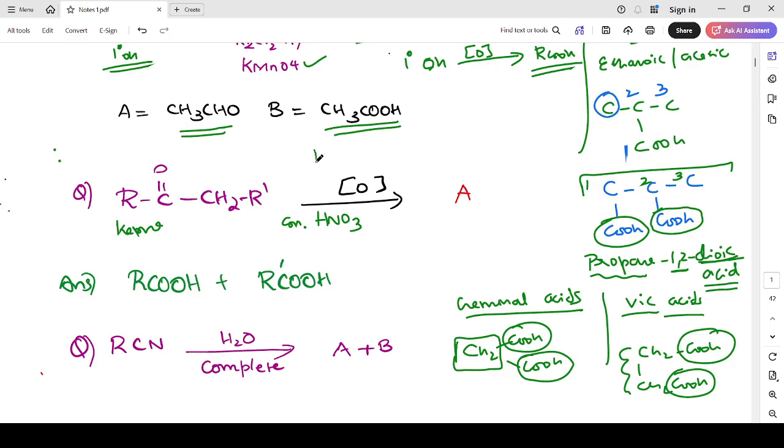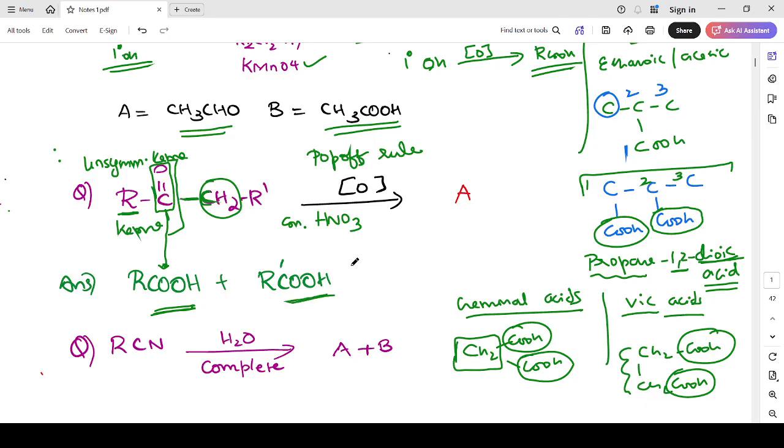We have learned about a rule called Popov rule, where when you are having an unsymmetrical ketone, retain the carbonyl group with the less number of R. So here I am breaking it this way, so that this C double bond O group becomes carboxylic acid. Similarly, that carbon which is attached to this carbonyl is also getting oxidized to carboxylic acid.